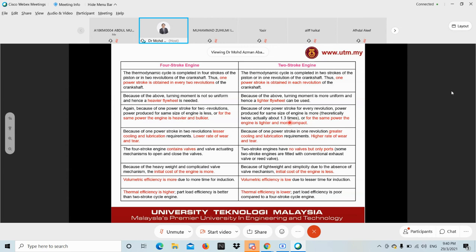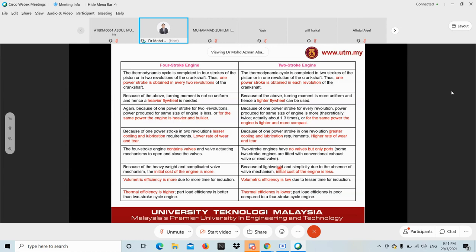And of course, there are also other differences. I would read through some of the differences. You can read by yourself, but it's pretty much straightforward. Okay, let me tell you now. This is a common question in your test and also exam.